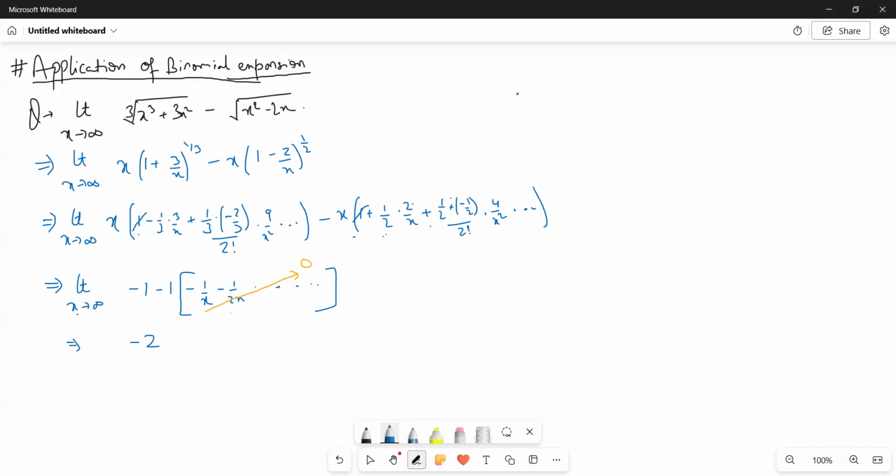Okay, let's try another question on this. Suppose we have a question like this. Limit x tending to infinity, ((x plus 1)(x plus 2)(x plus 3)) whole to the power 1/3 minus x.